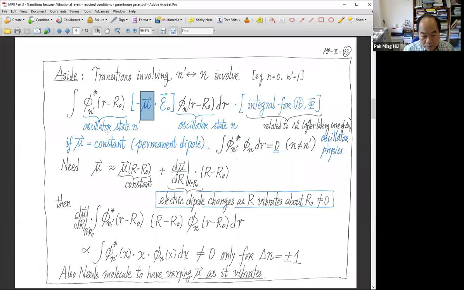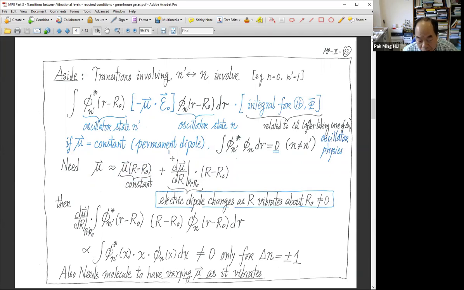vibrational transition. However, if this mu, as the thing vibrates, now this will be different as the molecules, the atoms vibrate. If it has a non-zero Taylor expansion, now this will be the constant right at equilibrium separation.